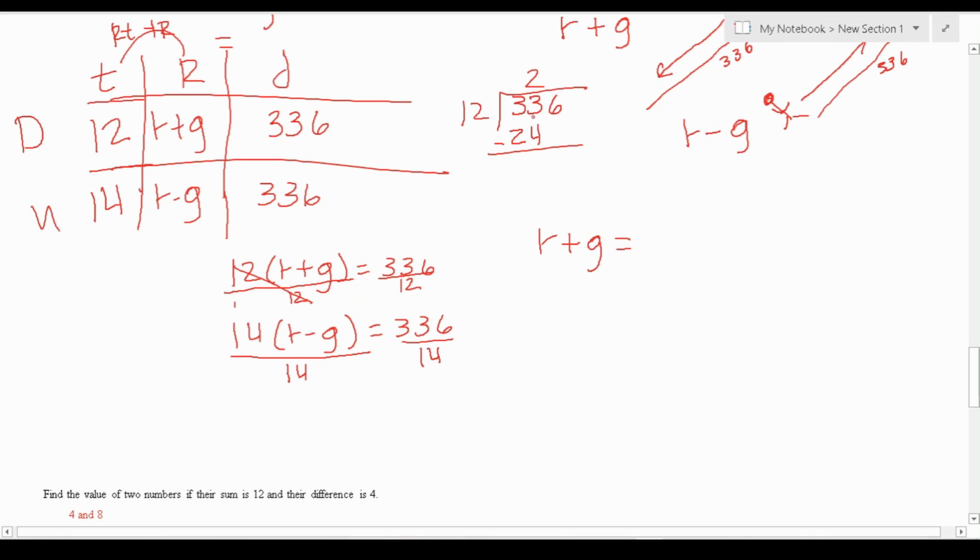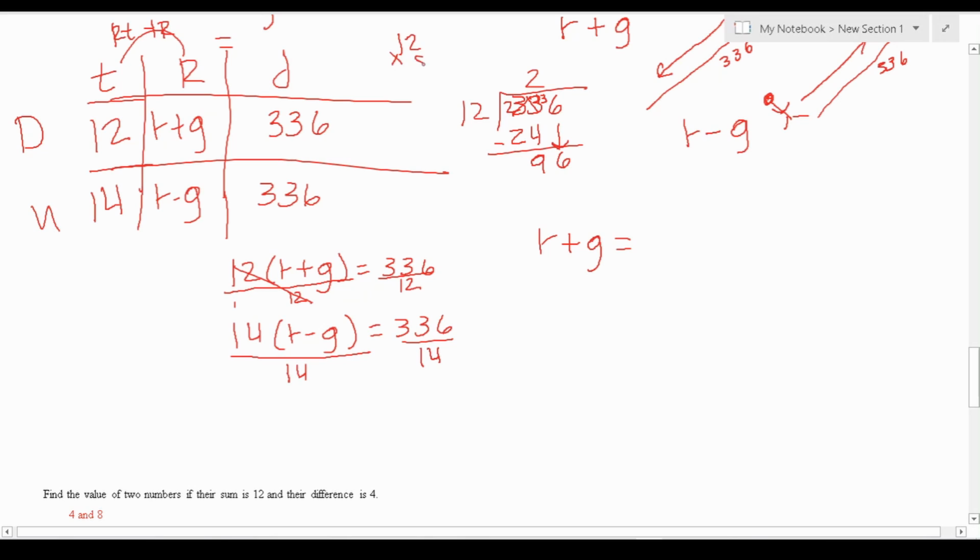Let's subtract. 3 minus 4 we can't do. We have to borrow. This becomes 2. This becomes 13. 13 minus 4, as we saw previously, is 9. And 2 minus 2 is 0. We have to drop down this 6. 12 goes into 96. If you're not good with your 12 times tables, you might have to guess at it.